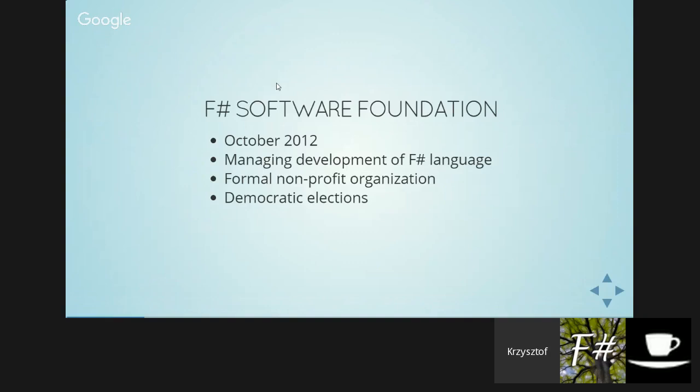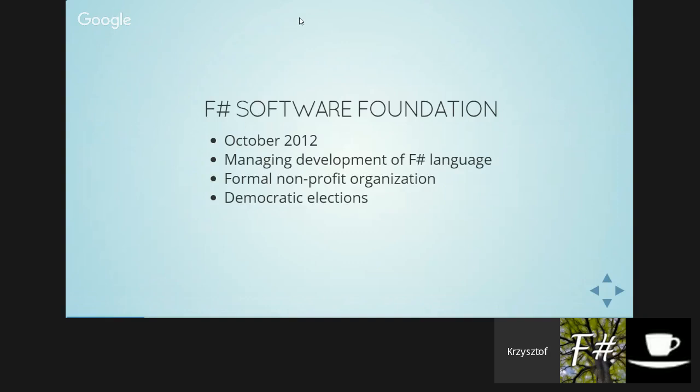It's a formal non-profit organization, officially registered as this non-profit organization a couple of weeks ago. Essentially, it's the community way of taking part in F# development. Things like democratic elections or public status reports provide good transparency for decisions important for the whole ecosystem.